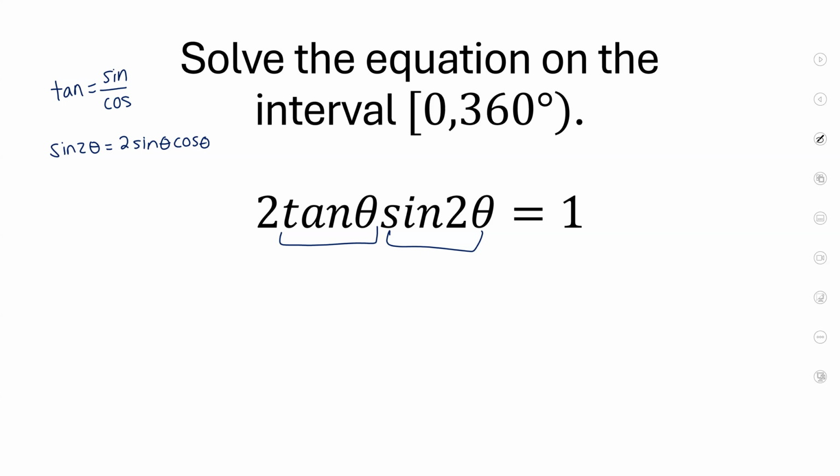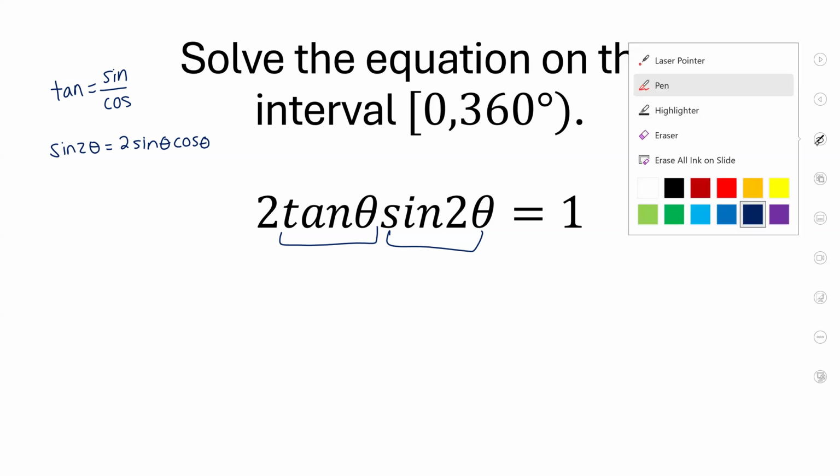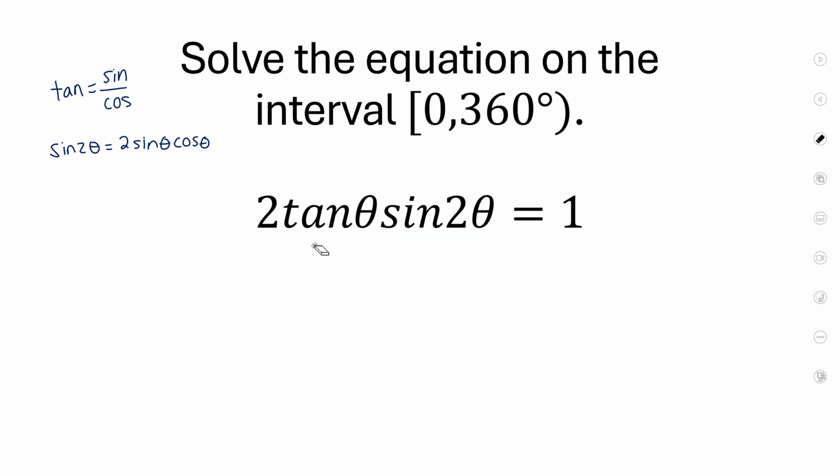So let's use those identities. I'm going to write this as, I have a 2. Tangent can be written as sine over cosine. Sine 2 theta can be written as 2 sine theta cosine theta equals 1. We're only changing one side of the equation.